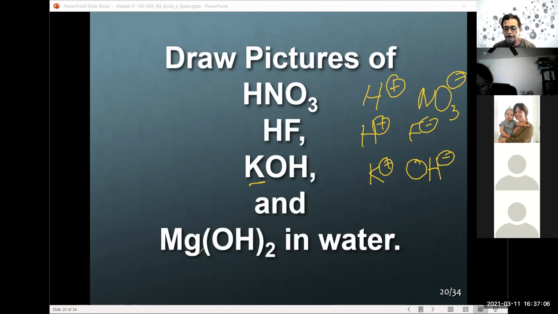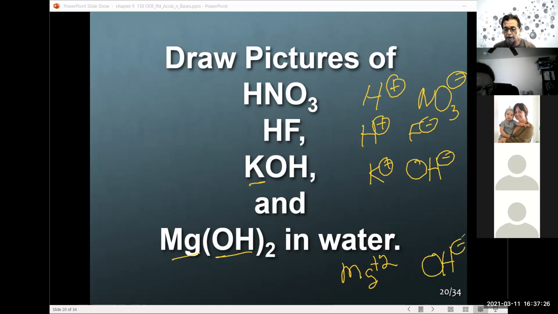So we got magnesium. We know that magnesium is a +2 ion. It's in group 2, becomes a +2. And we have hydroxide here in parentheses, which should flag to you, I have a polyatomic ion, specifically the hydroxide.